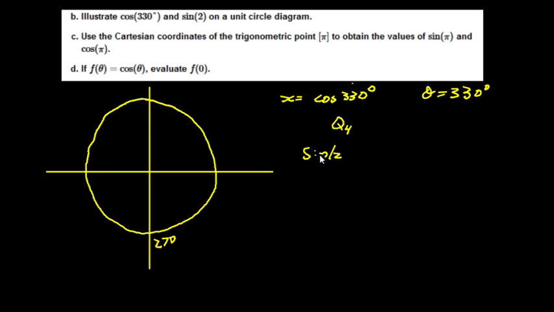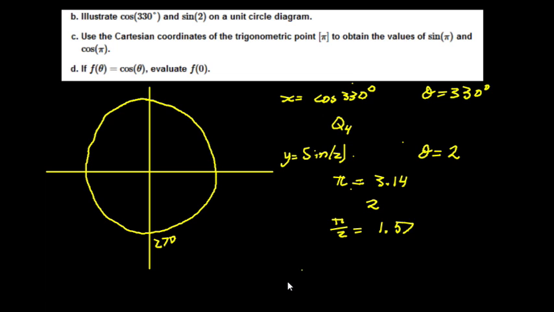Sine of 2, sine is our y values, so it's going to be sine of the trig point at 2. If we think about the values of pi, pi is roughly 3.14. 2 is obviously less than that, and half of pi is going to be 1.57 roughly.